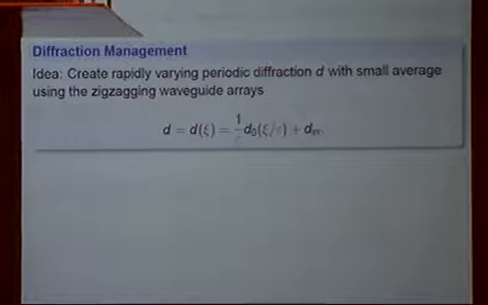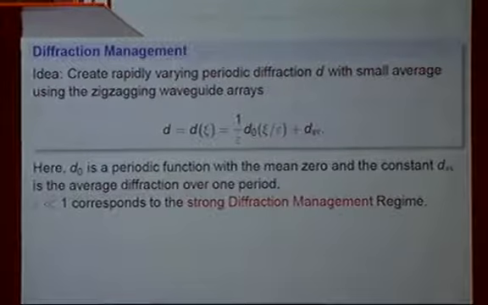Let me explain what these are. Here, this d sub 0 is a periodic function with mean 0, so the average over one period is 0. In fact, we want almost 0, but unfortunately we can have some leftover. And that is collected in this constant, denoted by d sub ab, the average diffraction.